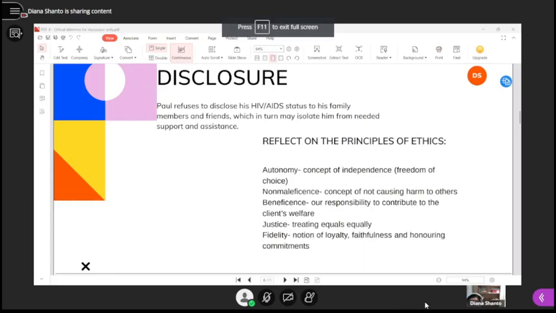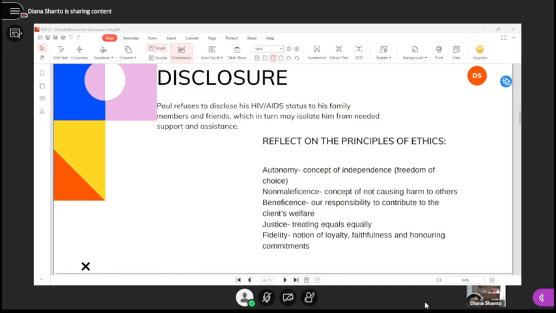Donc, l'éduquer un petit peu pour comprendre que, voilà, on comprend, c'est son choix, oui, mais c'est important pour lui d'avoir le soutien.